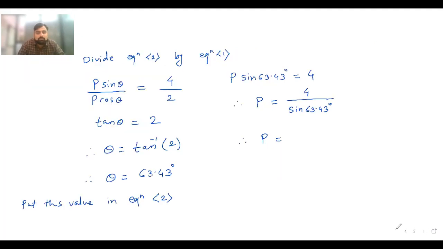Okay. So put this value in equation 2. You can put it either in equation 1 or in equation 2.